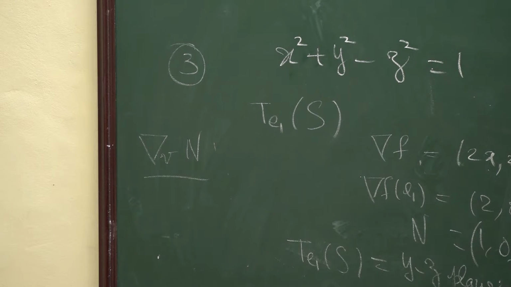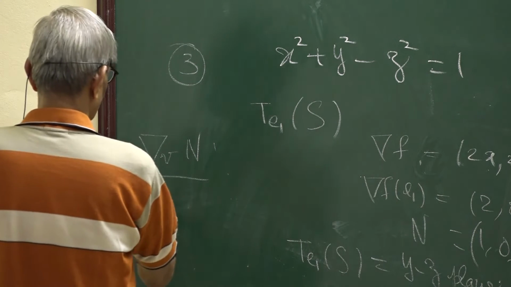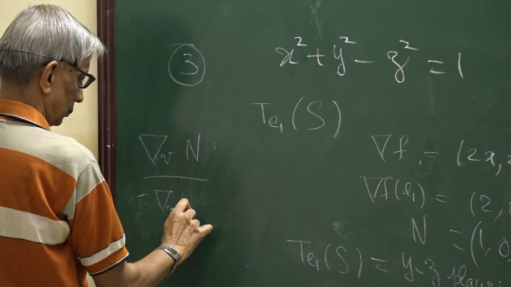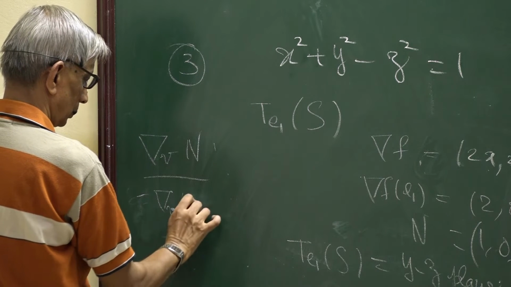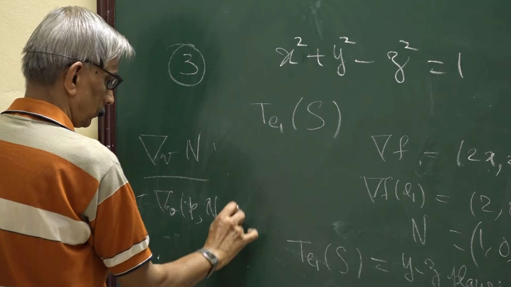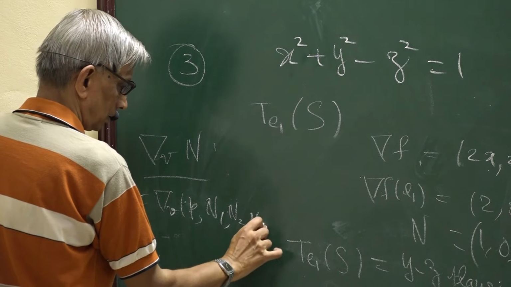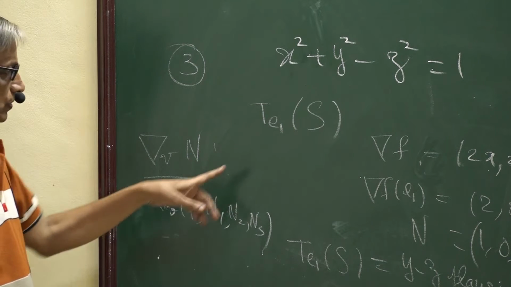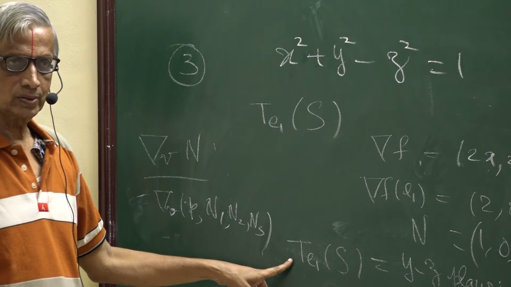So this is P, N1, N2, N3. Right? In this case, P is e1, (1, 0, 0).